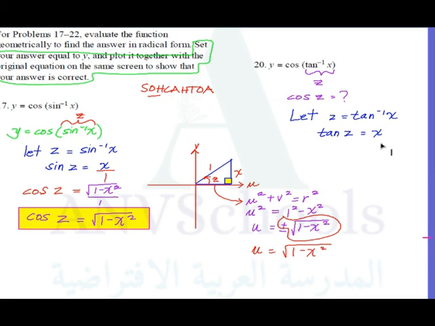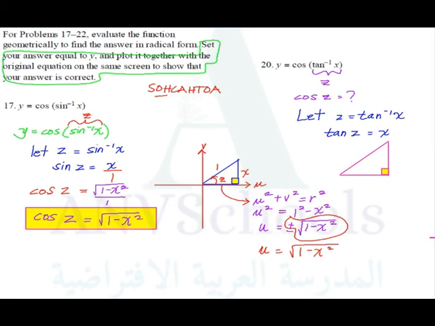And just following the rule, we could just draw a triangle in quadrant 1. So say like this. And of course our tangent z is x, meaning our opposite is x.